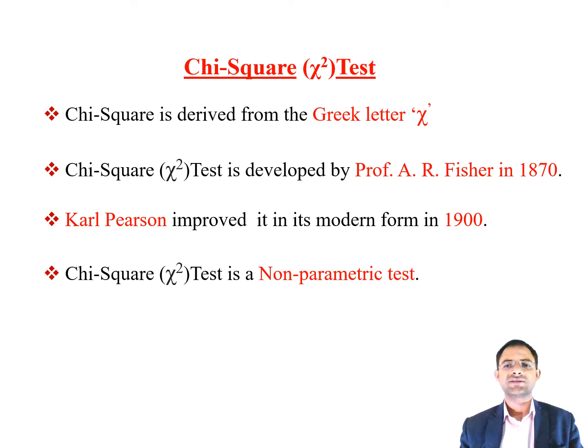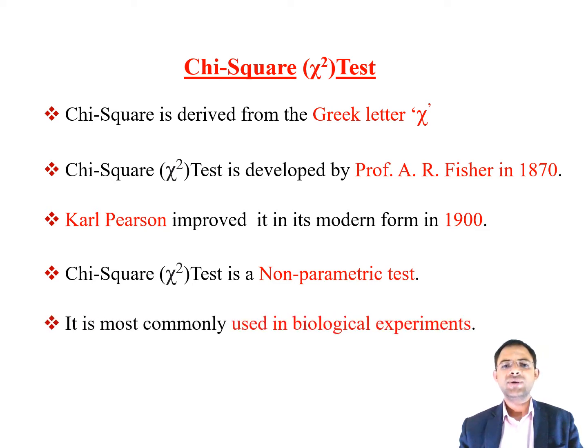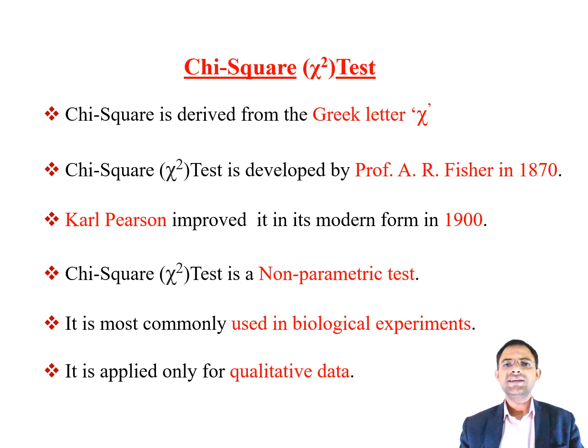For example, to classify good, better, and best, we just allocate arbitrary numbers or marks to each category. The chi-square test is mostly used in biological experiments. It is applied only for qualitative data which don't have numerical values, such as color, health, intelligence, cure, responses of drugs, etc.